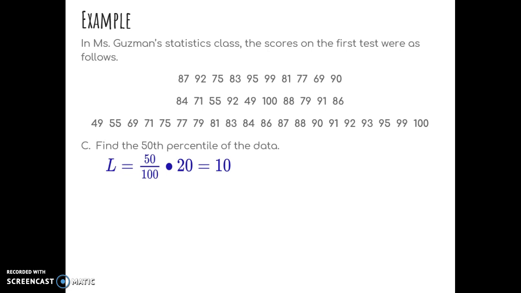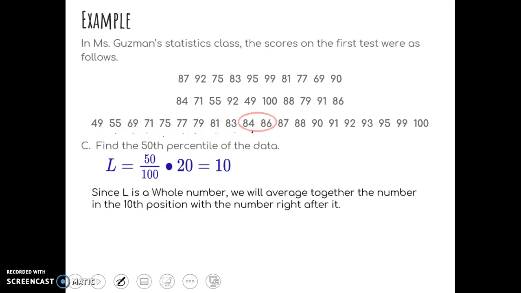So we find the number in the 10th position. So 1, 2, 3, 4, 5, 6, 7, 8, 9, 10. So that's 84. And then we take the number after it, 86. So 84 and 86, and we average those together and divide by 2. So we get 85. 85 is the 50th percentile.